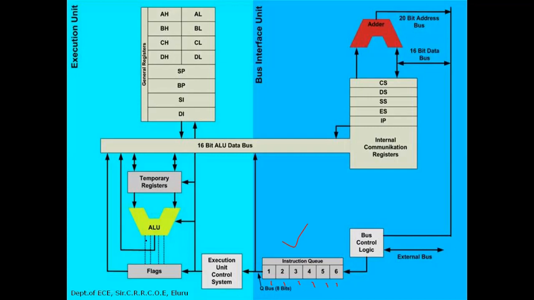That's why the architecture of the 8086 is a pipeline architecture: the bus interfacing unit and execution unit work independently with separate functions, but both depend on the instruction queue, since the execution unit receives data from the queue while the bus interfacing unit fetches the data and codes and places them in the queue.